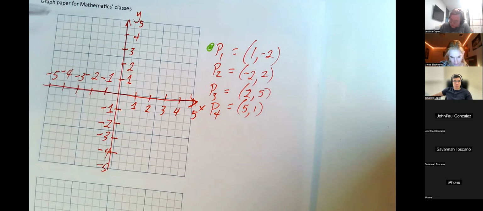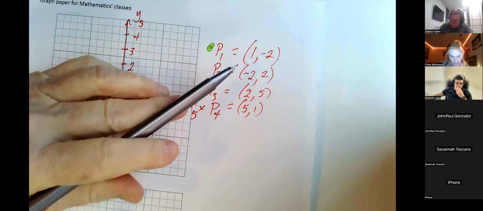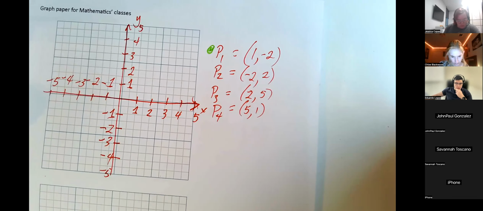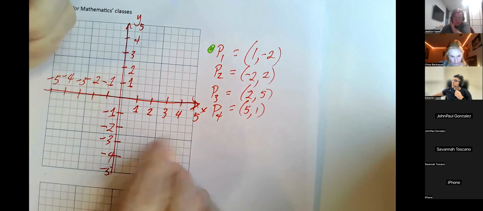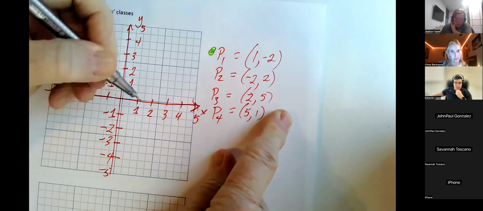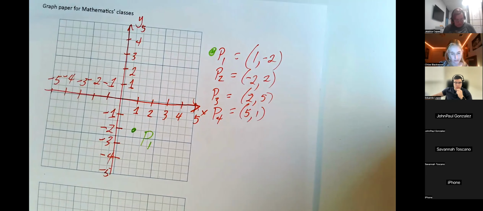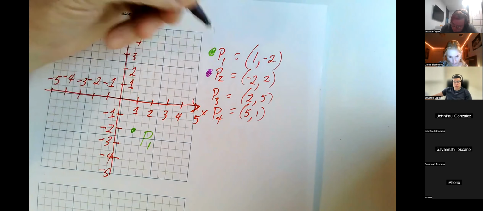Okay, so where am I going to plot point 1, 1 comma negative 2? To the right 1 and then down 2. Very good. All righty. And let's make point 2 this purple color.